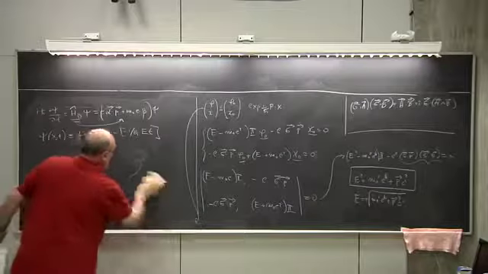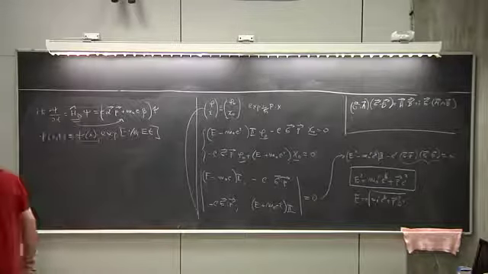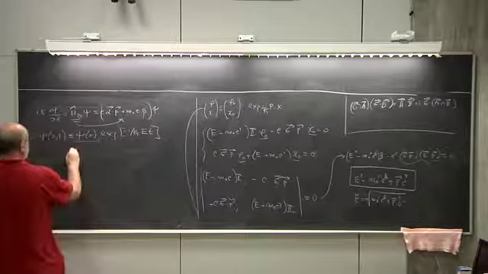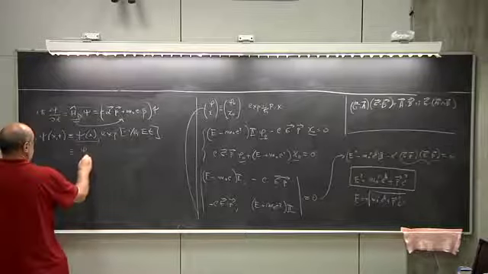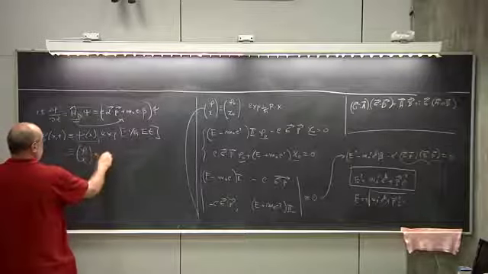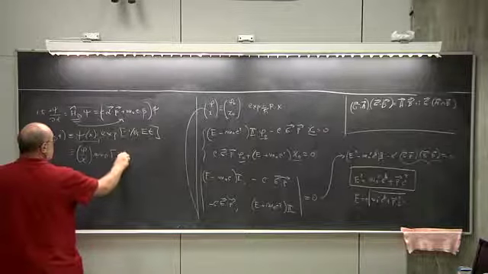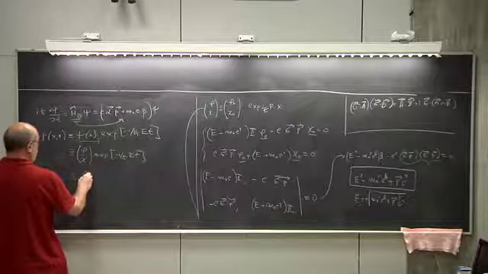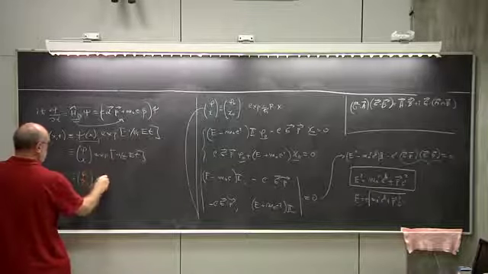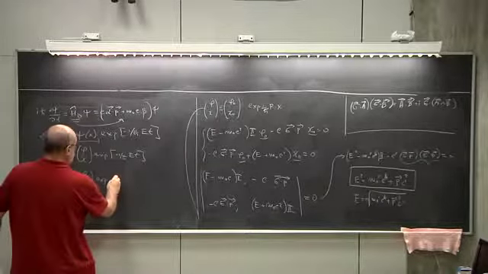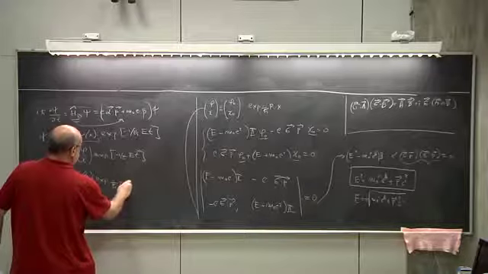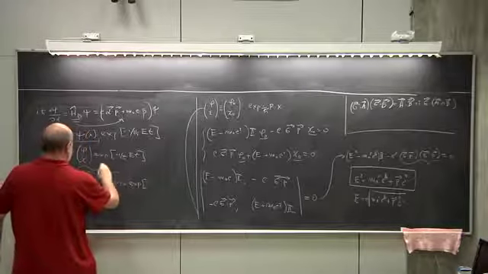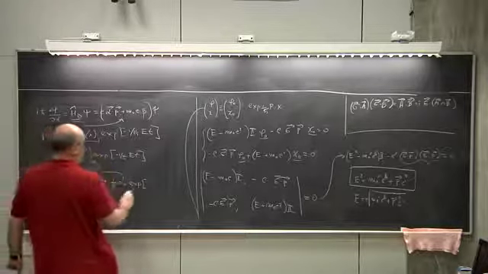Let's just remember that we chose a solution of the form phi, chi, exponential of minus i over h-bar E t, and then phi 0, chi 0, exponential of i over h-bar P x. So we chose a solution of definite momentum.